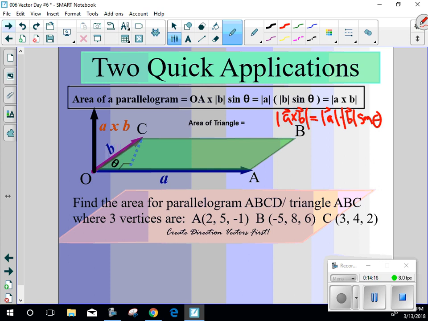Well, the area of a parallelogram is the base times the height. Because if you chopped this off and moved it into that gap, what do you have? A rectangle. So it's just base times height. So that's good.